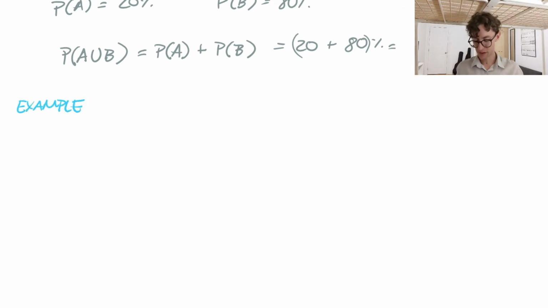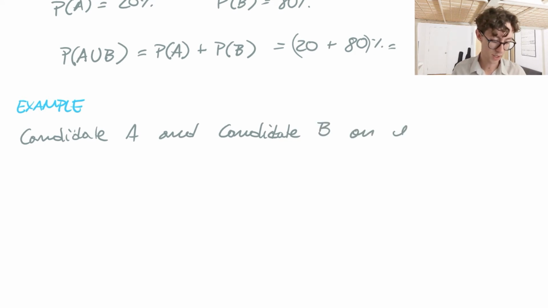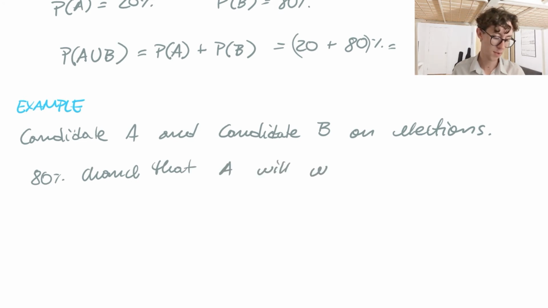An example would be, for example, if we have candidate A and candidate B on an election, right? There is an 80% chance that A will win, right?